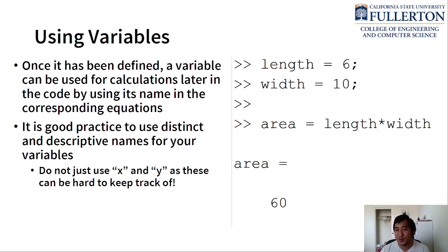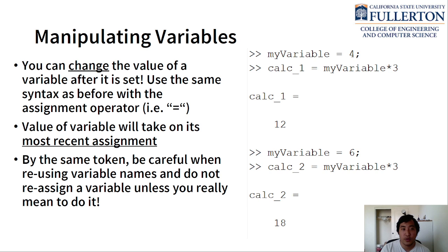Most of that time is actually spent trying to figure out what the hell went wrong with your code. What helps with debugging is using really distinct and descriptive names for your variables so that you can really easily go back and check what went wrong in the code. So, don't use single letter variable names.